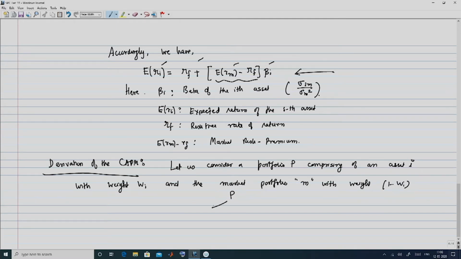So the portfolio P has asset i and the market portfolio with the respective weights being Wi and 1 minus Wi.